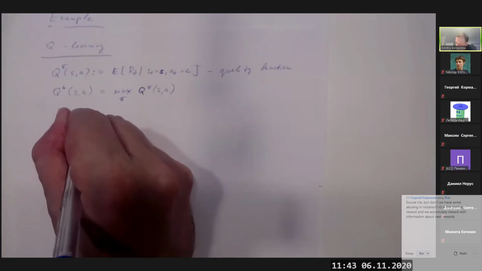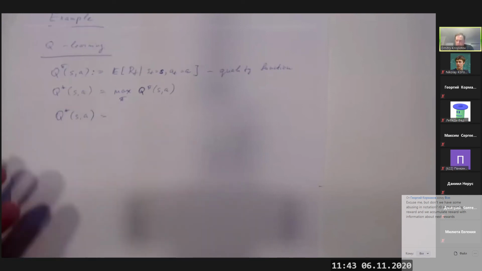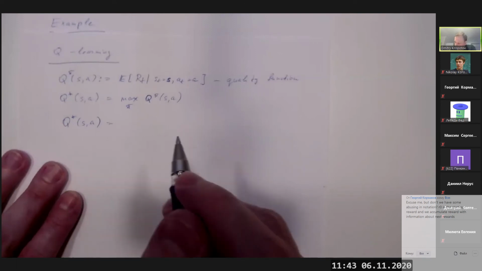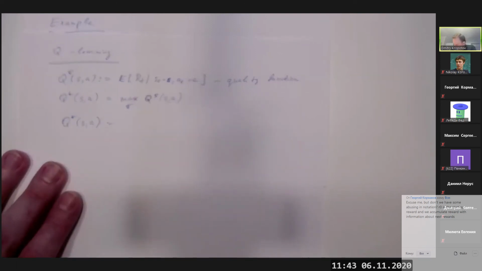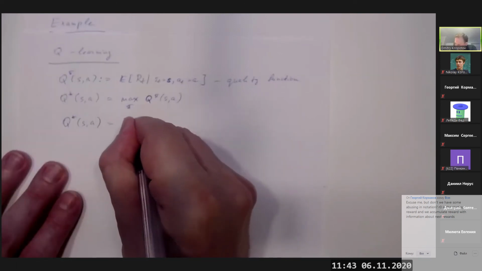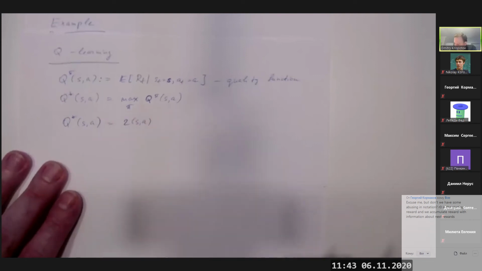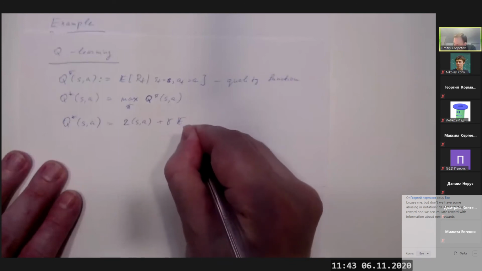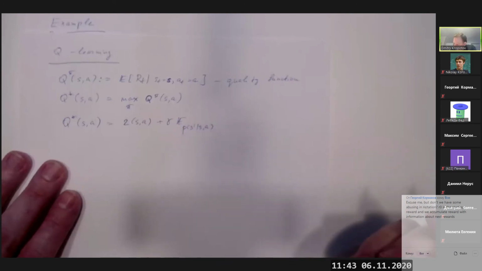For the Q function, this is absolutely the same thing as we have for the case of the optimal V function. So the optimal Q is our reward at this time moment plus gamma times the transition probability to the next state.